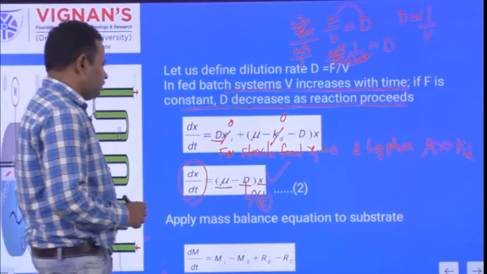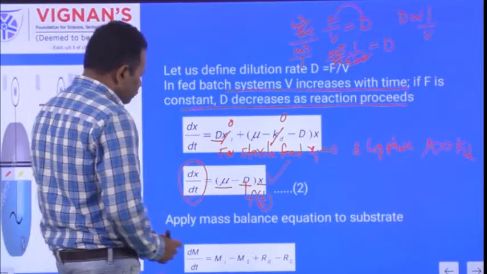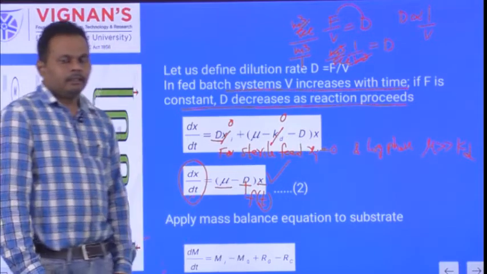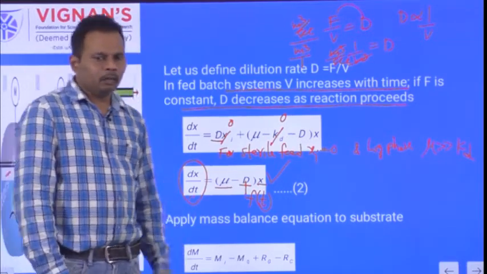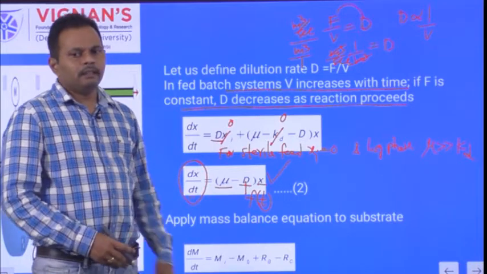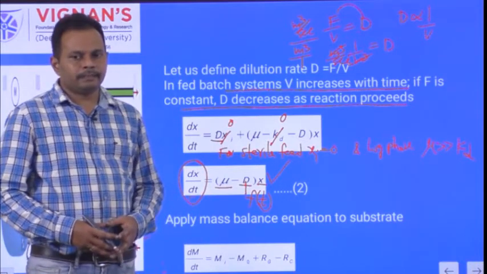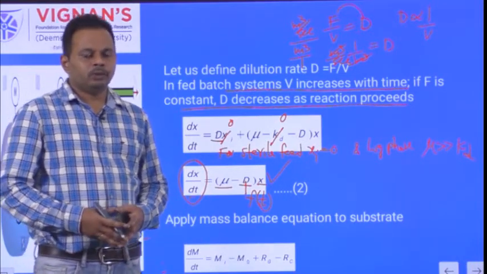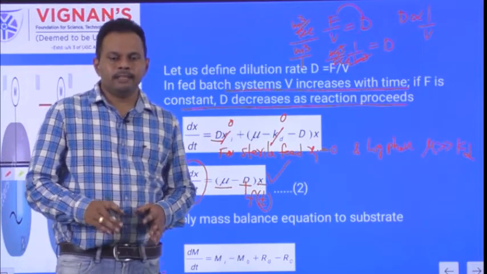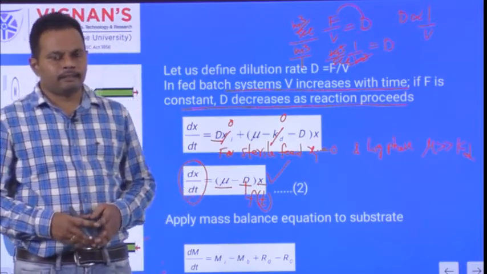Next one, now apply the mass balance equation to the substrate around the fed batch fermenter. Now we applied the mass balance equation to the cells. Now apply the mass balance equation to the substrate around the fermenter. During the biological reaction, the cells consume the substrate for various activities.